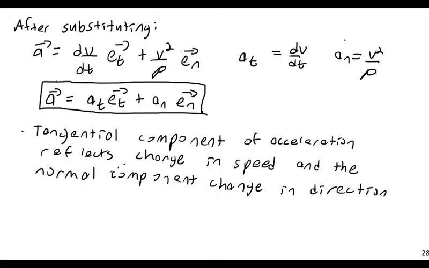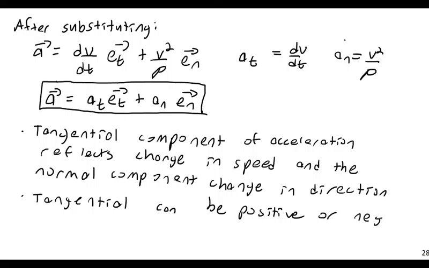And the tangential can be positive or negative. But the normal always points to the center of curvature. So it can't point outside the center of curvature.